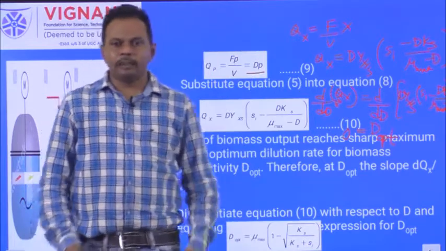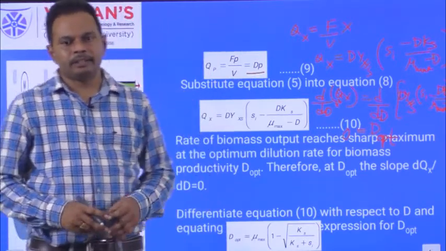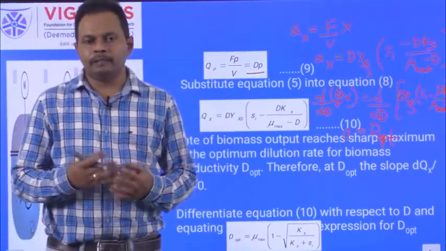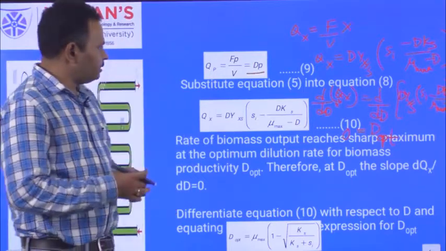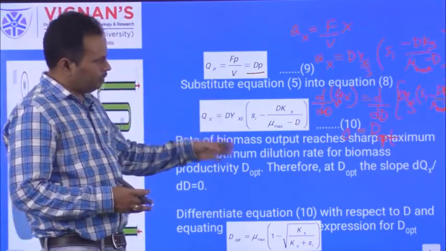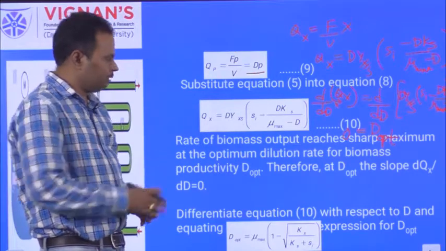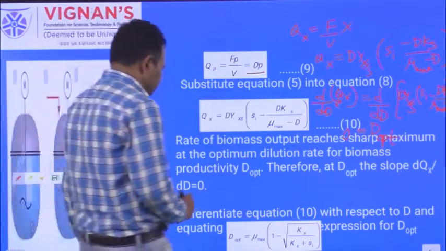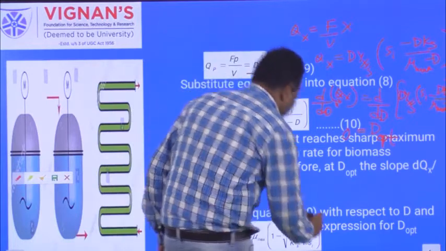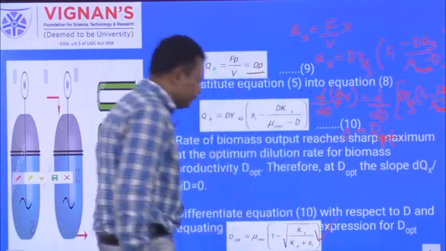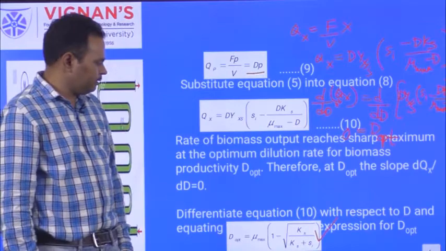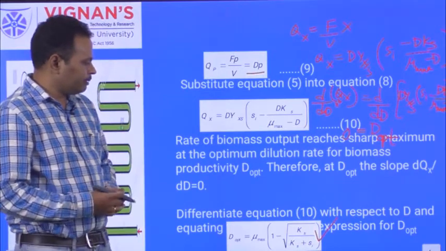So we should always operate the fermenter at optimum dilution rate to obtain higher amounts of biomass. If you differentiate that equation with respect to the dilution rate and make the right-hand side equal to 0, then with some mathematical manipulation you obtain D optimum equal to mu max into 1 minus the square root of Ks by Ks plus Si.